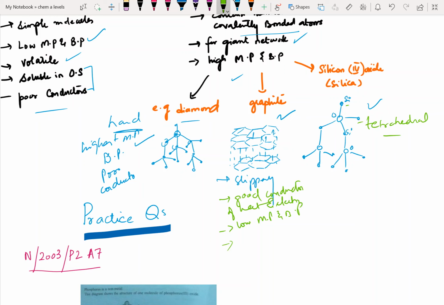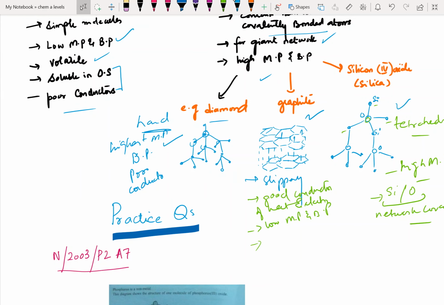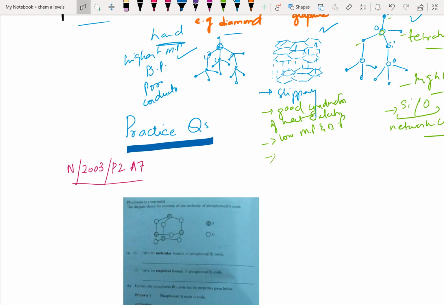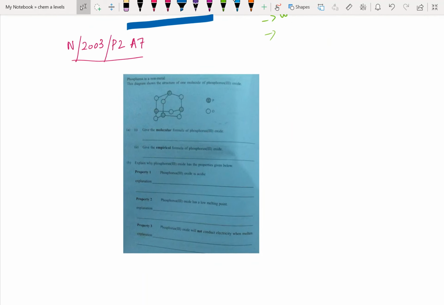You can see these small dots are silicons, and the bigger ones are oxygen. It also has high melting points because the atoms are held together by a network of covalent bonds that makes it strong and relatively difficult to melt. So you can see how giant structures in covalent compounds affect the properties of the substances.